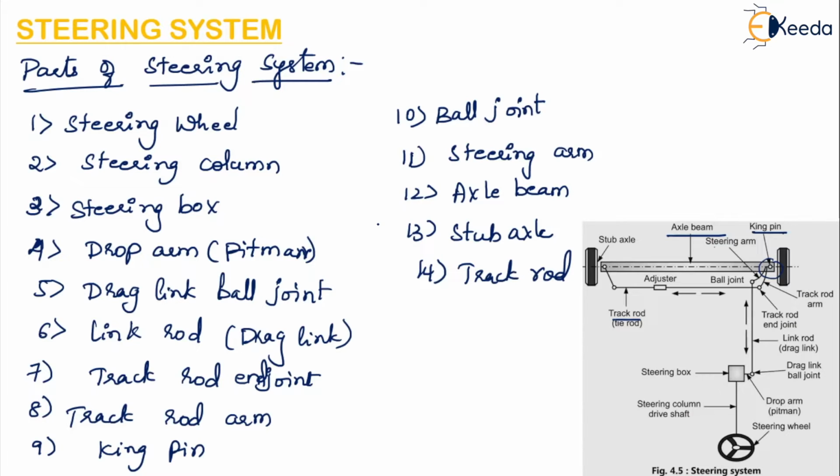Now we will see how these components work. First of all, the steering wheel. What is the function of these components? The steering wheel is nothing but a control wheel which is steered by the driver to control the movement of the vehicle.